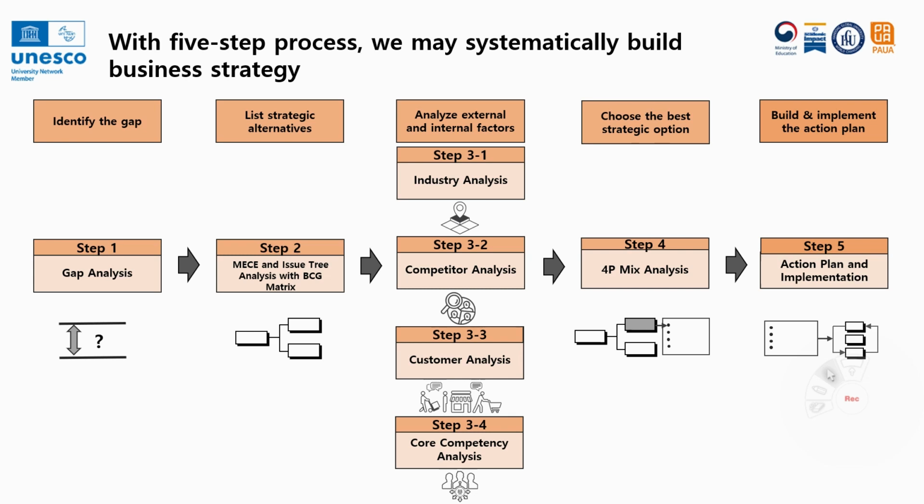I promise that we will revisit the issue tree concept in the classes in step number 2. And then, as I said, we will have a look at analyzing external and internal factors in 4 distinct classes. One is industry analysis.